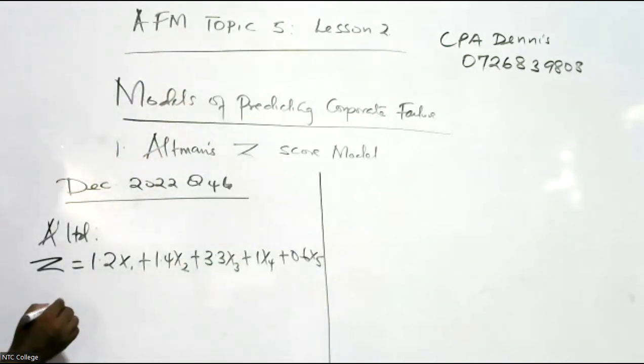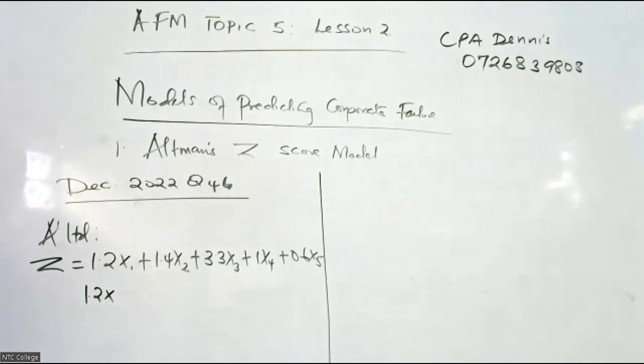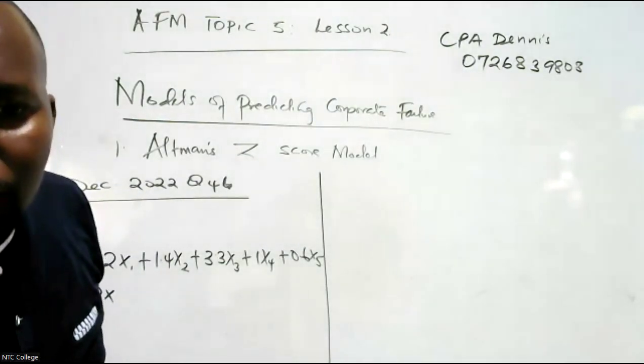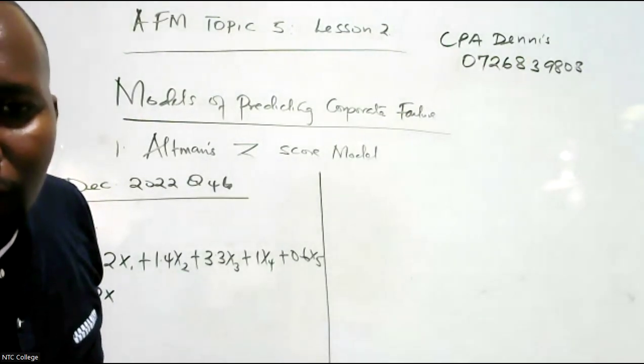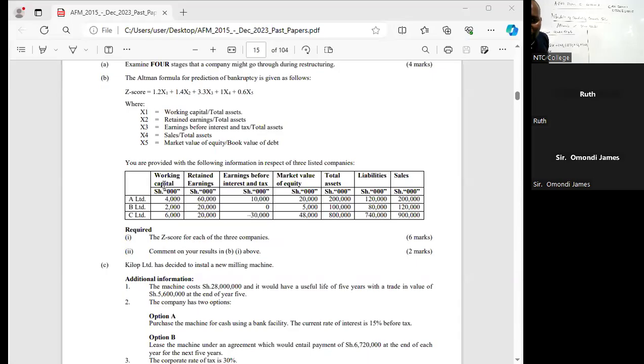So let's start here. The first one, X1. X1 we are told is working capital over total assets. So we have 1.2 times working capital. What is the value of working capital? So working capital is this one, 40,000 over 120,000.